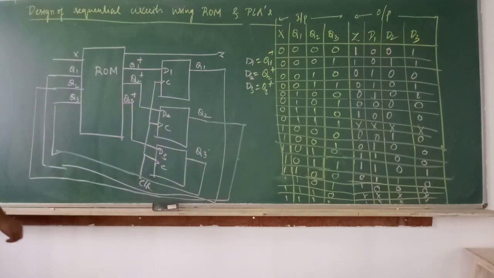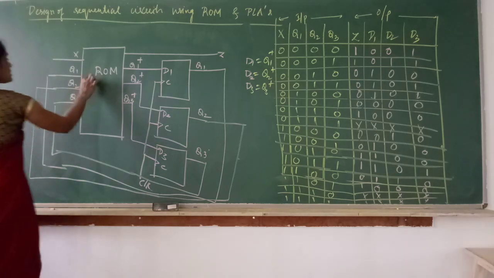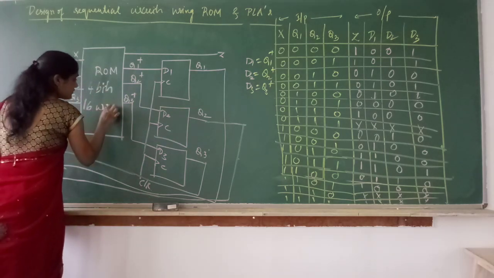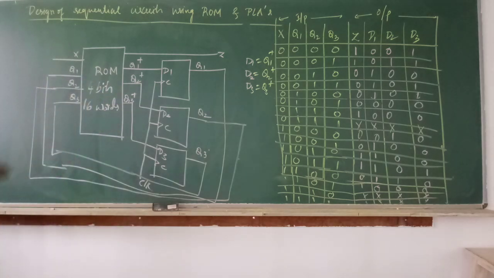So this is the circuit of a code converter using ROM and 3 flip-flops. The ROM is 4-bit, 16 words. So this is the circuit of the BCD to XS3 code converter using ROM and flip-flops.